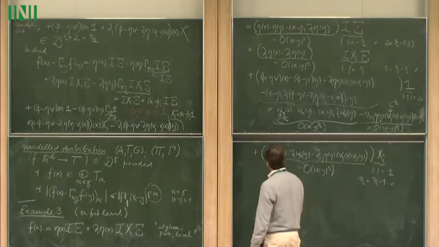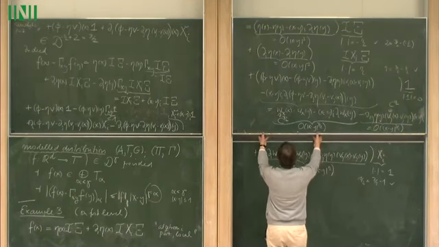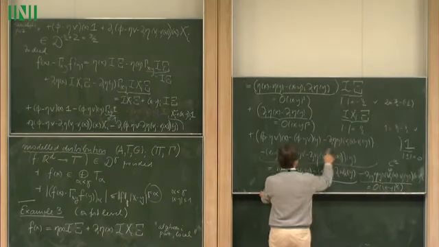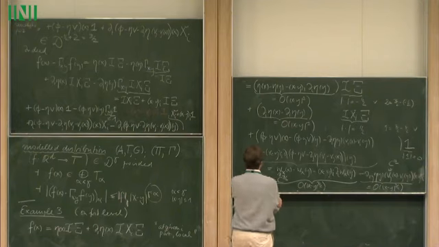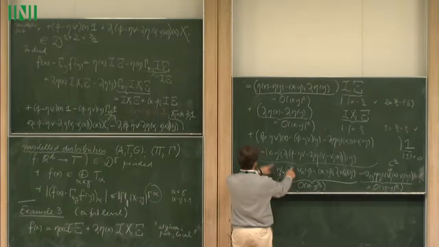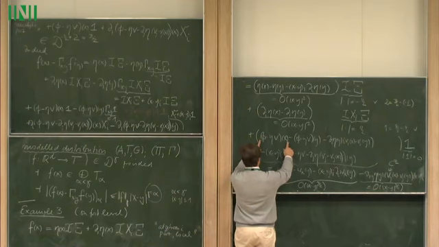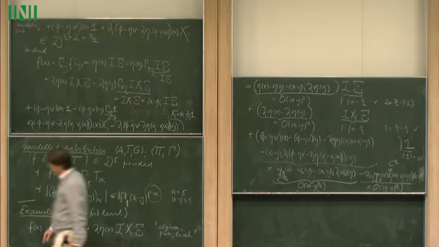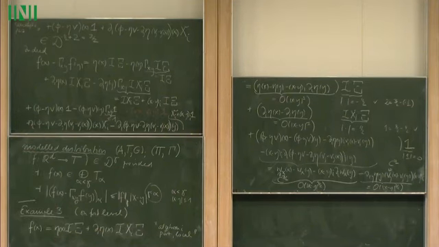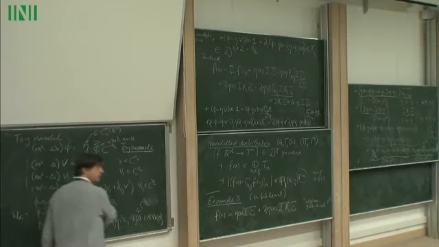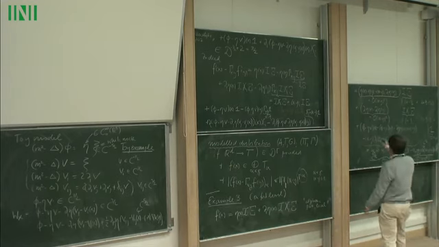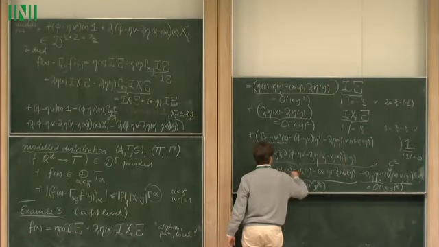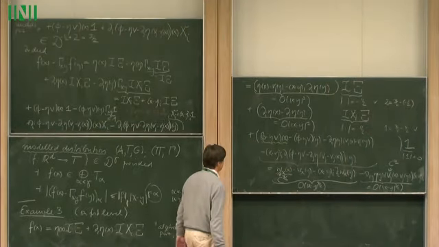Well, let's look at where it comes from here. This term here is exactly that term, because if I evaluate the function wx at x, this term drops out. So there is a one-to-one correspondence between these two terms.